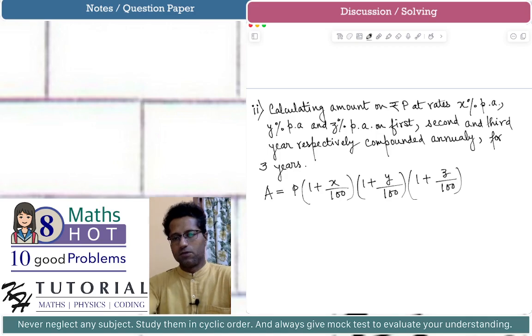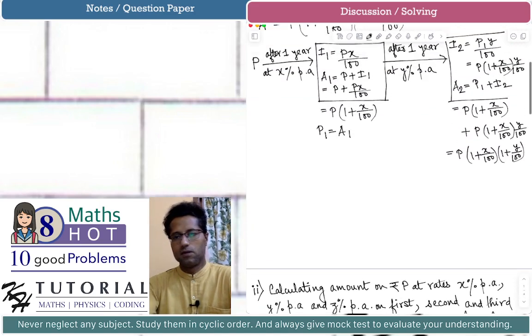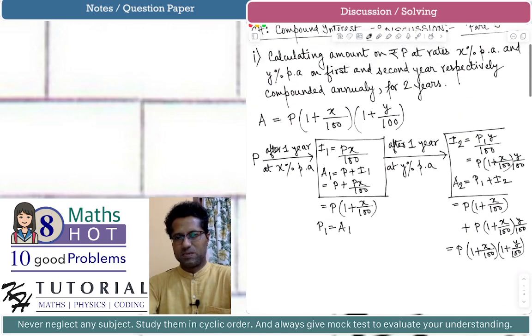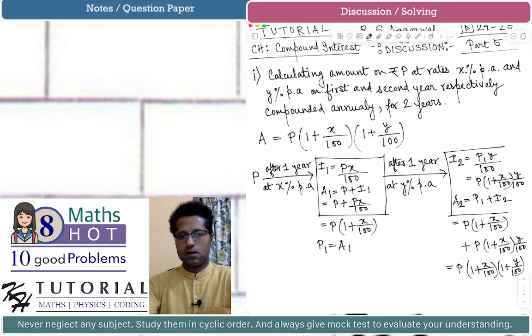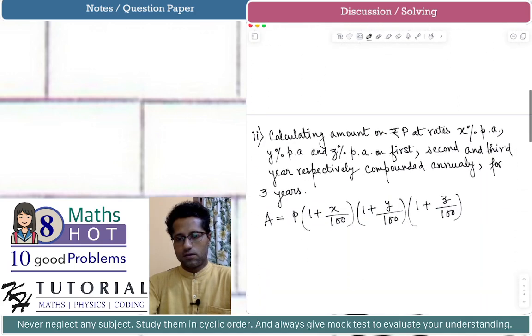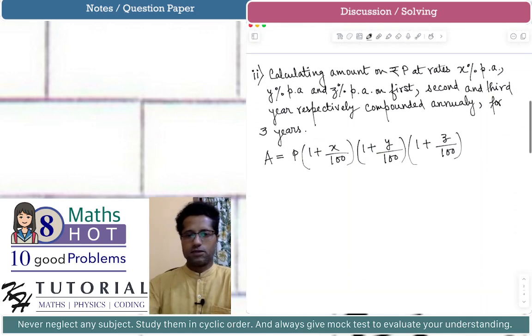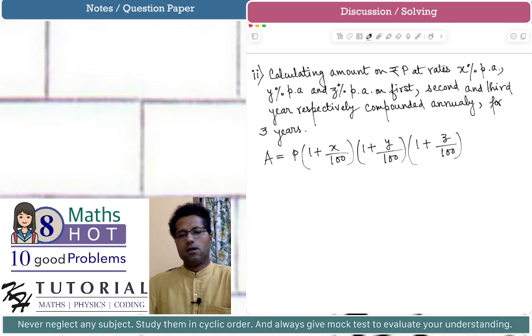Now, how this formula comes about is very similar to the derivation of the formula we explained for two different rates for 2 years. So let's try to understand how this formula comes.